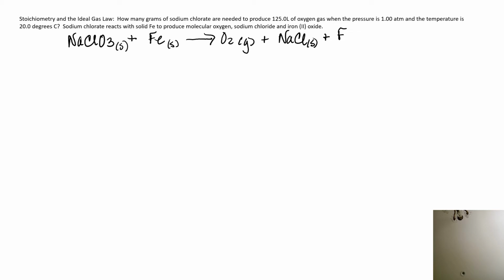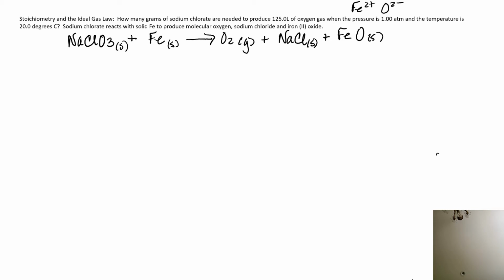So if we have iron(II) oxide, that means we have Fe2+ reacting with O2-. So we have FeO. This will be a solid. Is this balanced? It is. So we don't have to do anything further.